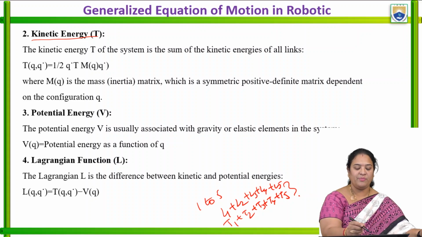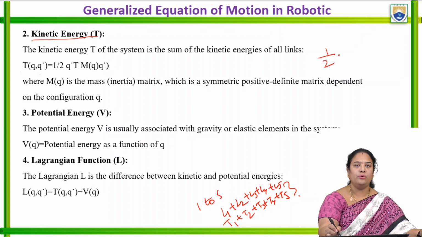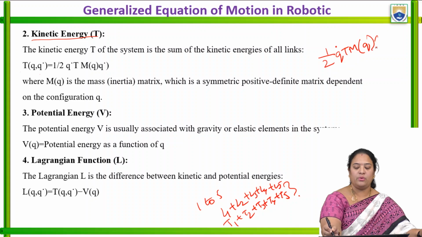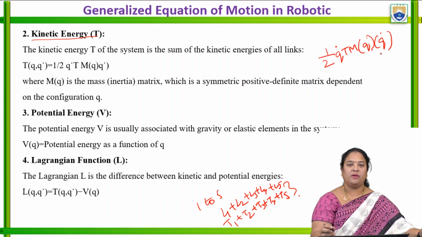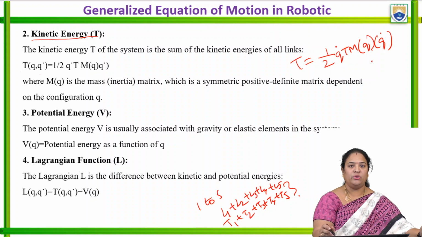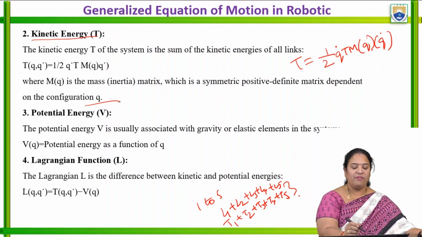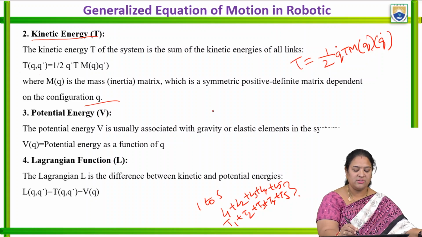That is, T of q, q dot is equal to 1 by 2 q dot transpose M of q q dot, where M is the mass inertia matrix, a positive definite matrix depending upon the configuration q.